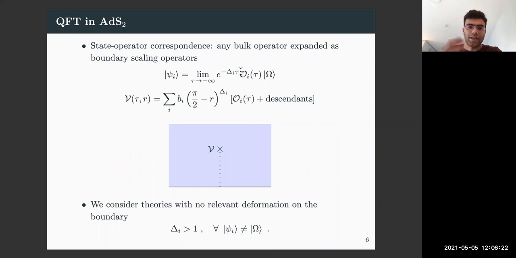And then we can write down the bulk operator, this curly V, at any point in the bulk as a sum over primaries i and the descendants and the distance from the boundary, with some coefficients we call b_i, the boundary-to-bulk OPE coefficients. In this study, we consider theories with no relevant deformation on the boundary, meaning that the dimensions of boundary operators are bigger than 1, other than the identity operator corresponding to the vacuum state.